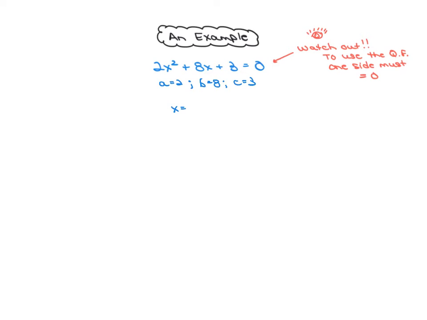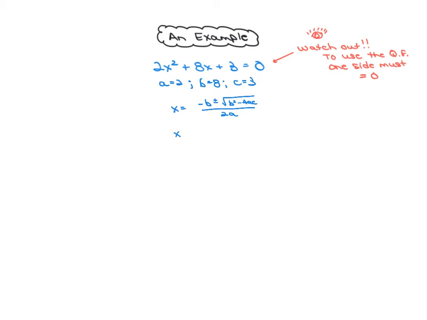x is equal to -b plus or minus the square root of b squared minus 4ac all over 2a. Actually using the quadratic formula is just a matter of substituting your values for the variable and doing a little bit of arithmetic.